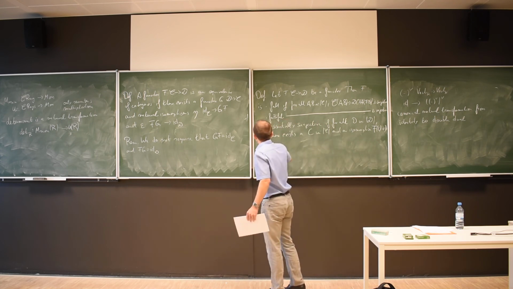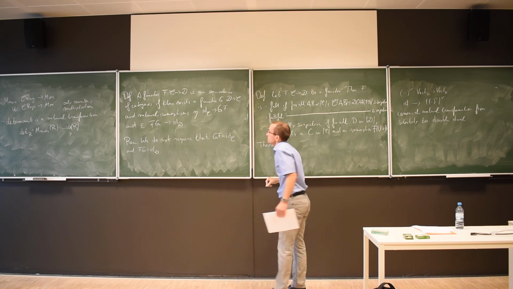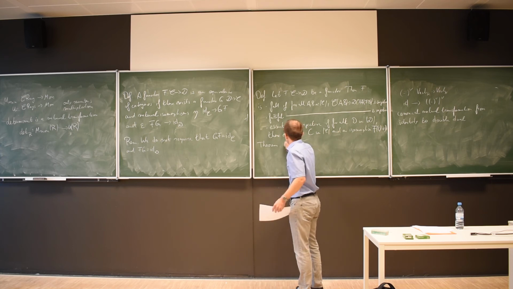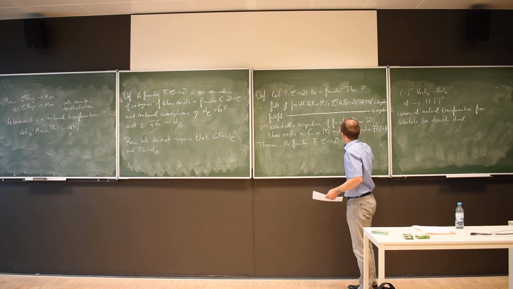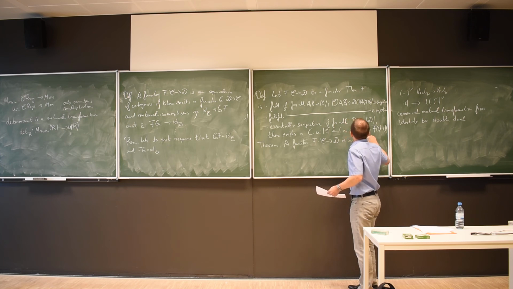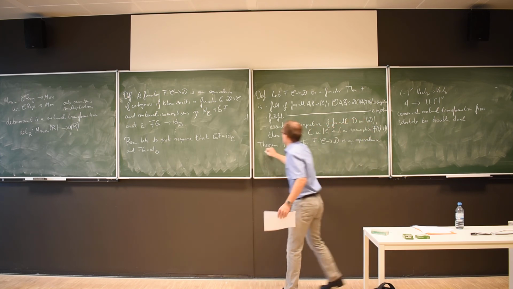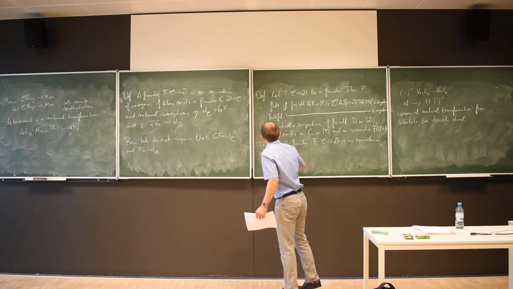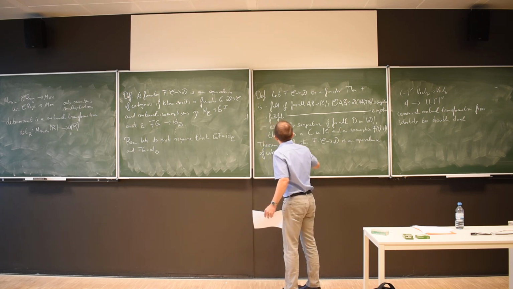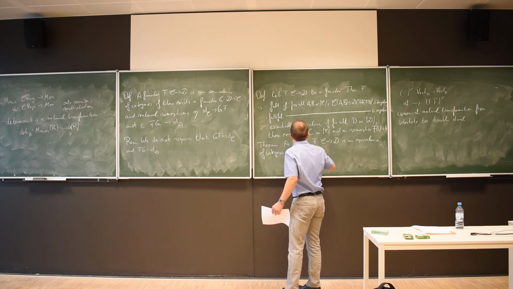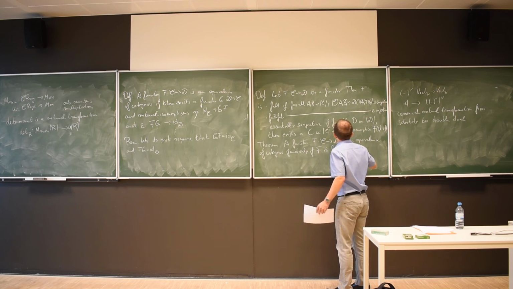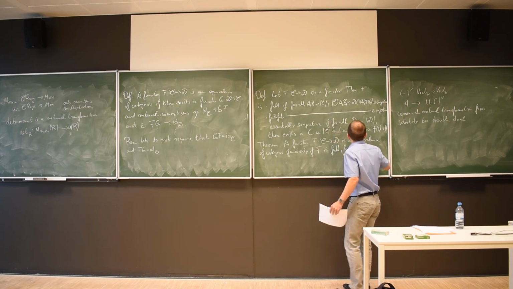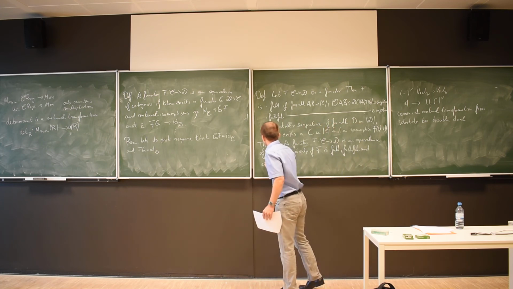So here now comes the theorem that identifies equivalences of categories. A functor F from C to D is an equivalence of categories if and only if F is full, faithful, and essentially surjective.